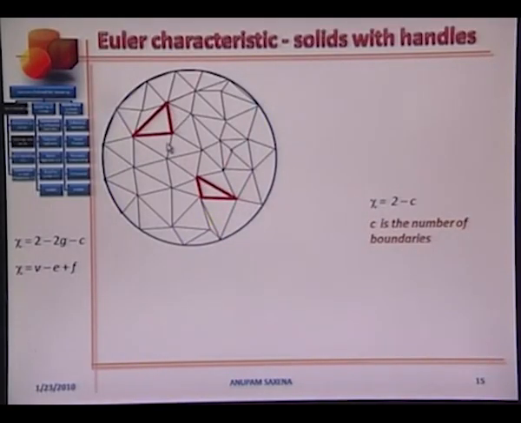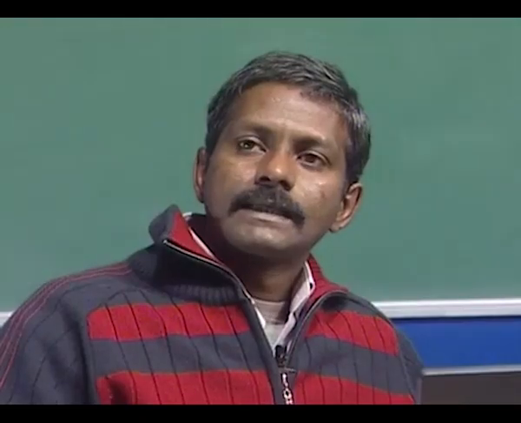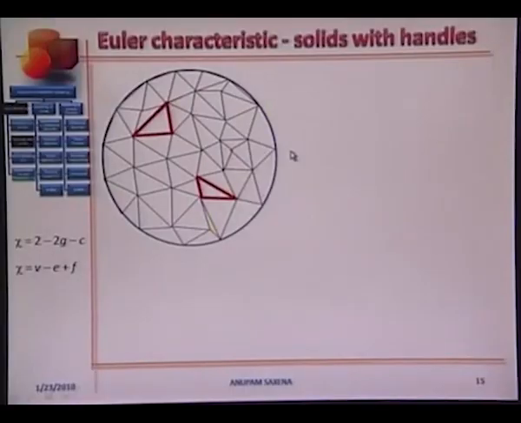Clearly, in this case, the number of boundary components is 2, and therefore chi is 0. Let's connect the two boundary components now. So this is the first edge connecting the two respective vertices. This is the second edge, and this is the third edge.